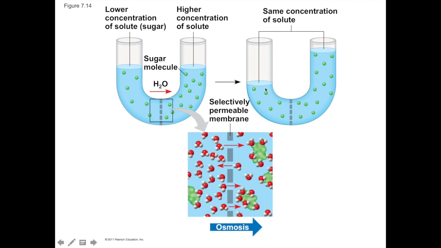So now, when equilibrium has been reached, you can see the concentration of sugar on this side of the tube is about the same as the concentration on this right side of the tube. So not as concentrated over here anymore, because the water has made the concentration the same.